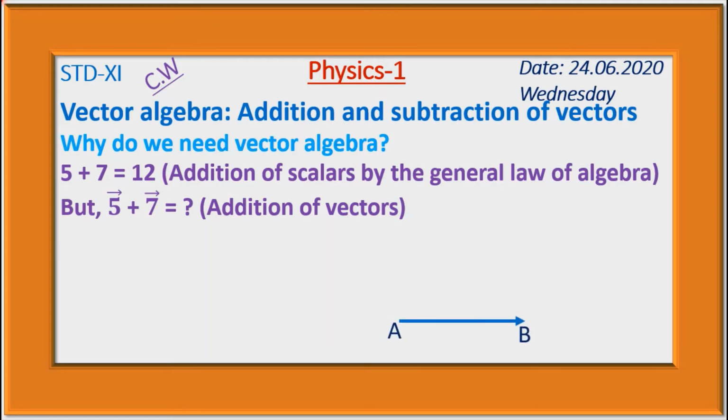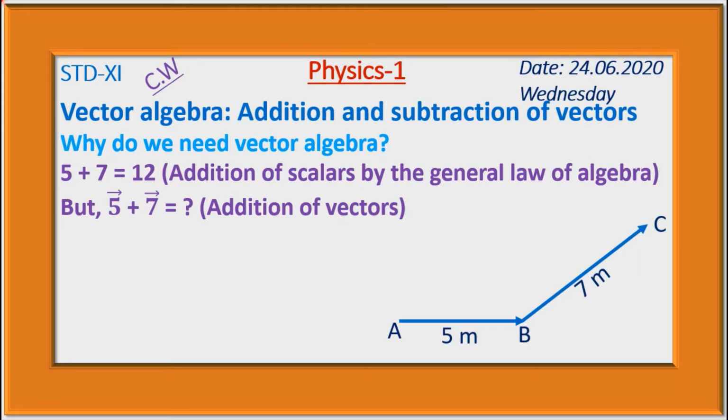Suppose a body moves from point A to point B, and it moves 5 meters from A to B. Again, the body moves from B to C 7 meters.